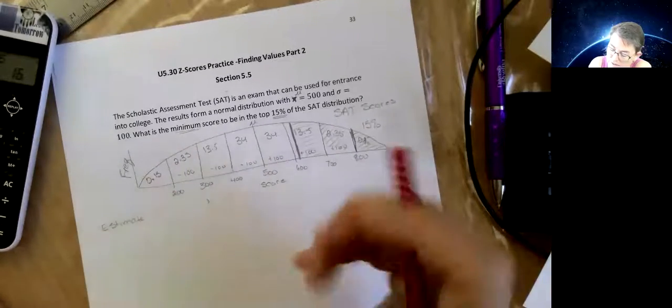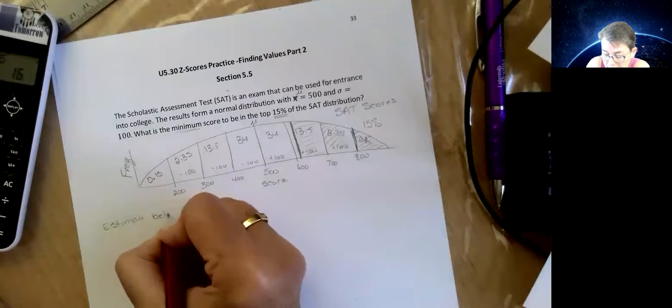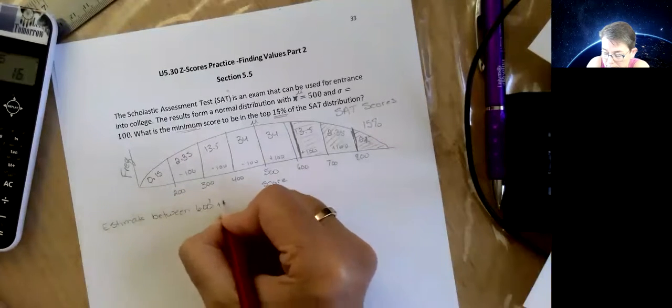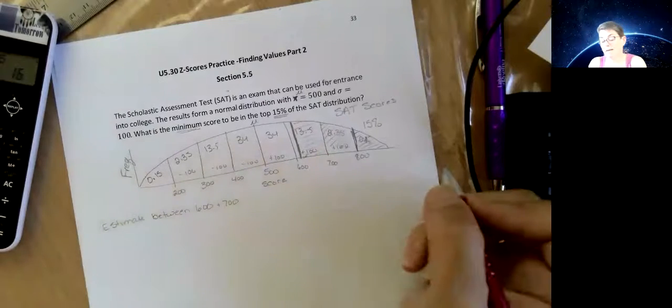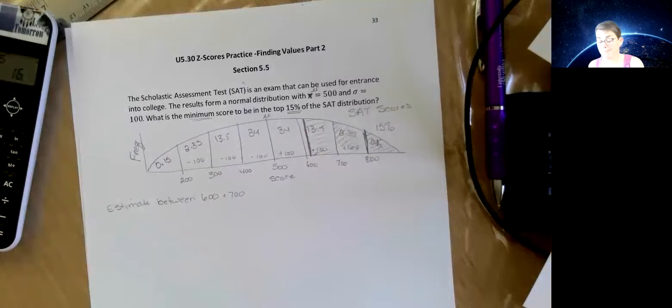Let's make this one easy. Between 600 and 700. And I'm just going to remember it's probably going to be a little closer to 600 than it is to 700.